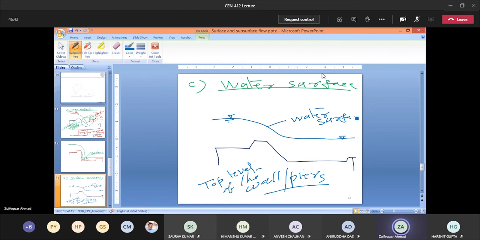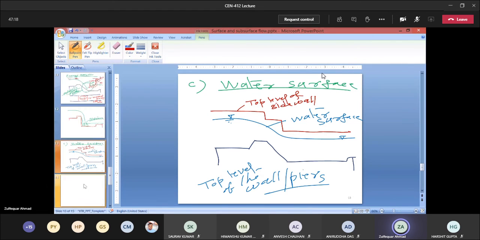And then you have to put some freeboard, and finally you have to fix the top level of the side wall. Means that the side wall top level will go like this. This is the top of the side wall, so that water should not splash over that. So this water surface profile computation and understanding of this is a very, very important part.